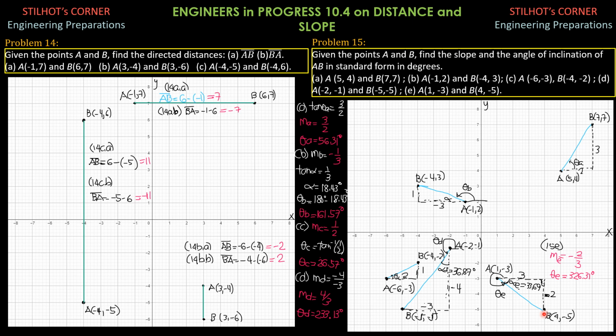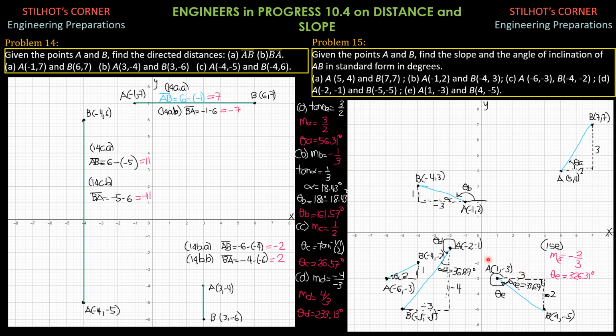The y coordinate of B, negative 5 minus negative 3, is negative 5 plus 3, so negative 2. So from the positive x-axis, this is the angle, but we can solve for this angle first, treating everything as positive. So the inverse tangent of 2/3 is 33.69 degrees.